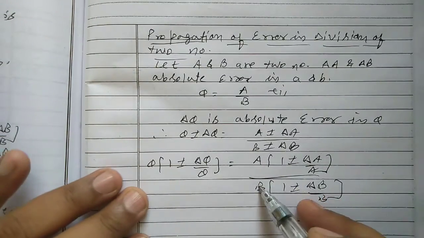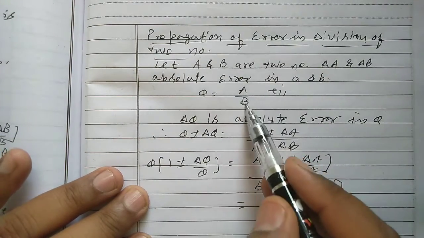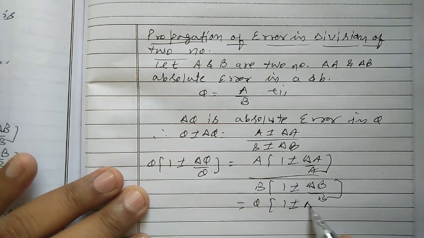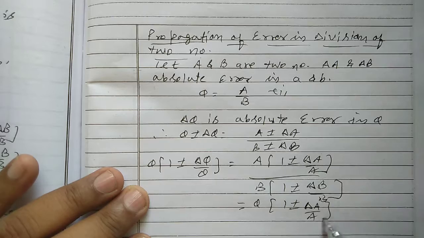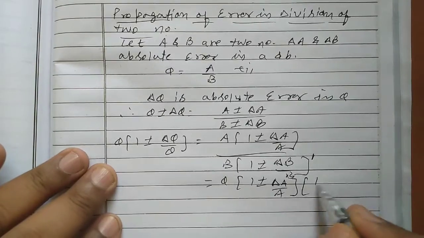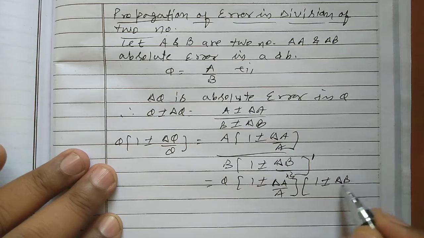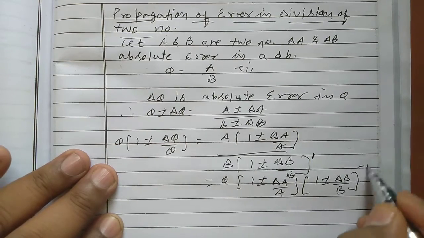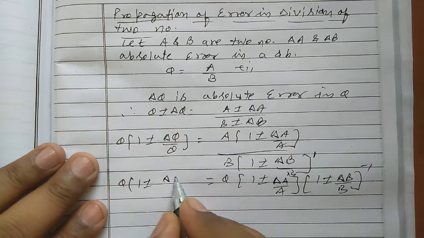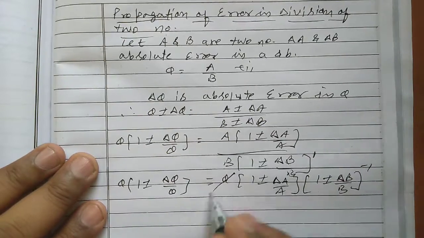This is a upon b. From equation first, a upon b is equal to q. So we can write 1 plus minus delta a upon a, and 1 plus minus delta b upon b with power minus 1. q will be cancelled.